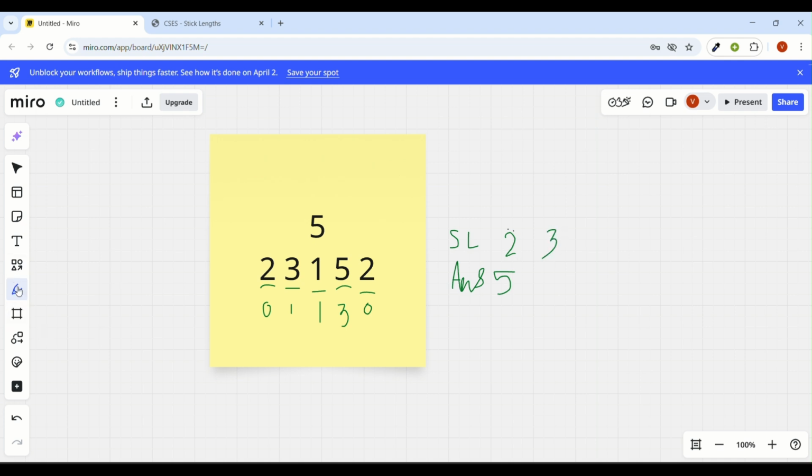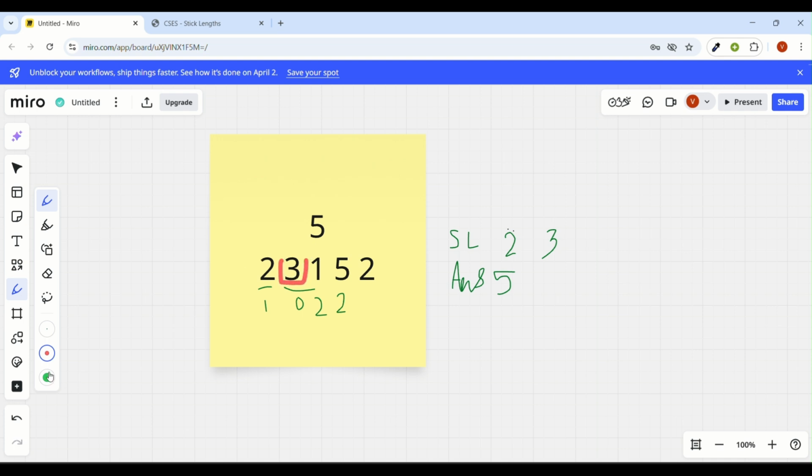Now let's say we try the stick length of 3. In this case, incrementing by 1, no change required, incrementing by 2, or decrementing by 2, since the stick length is 5 and we have to reach 3.